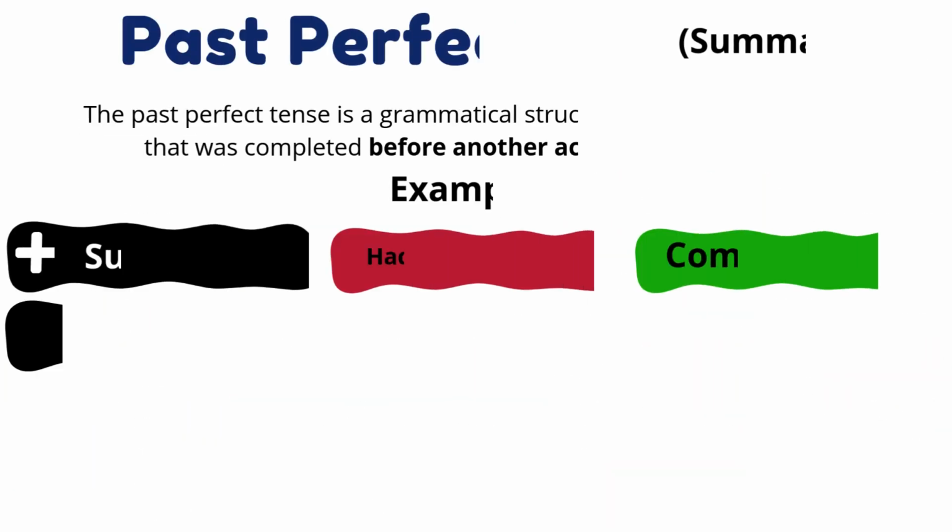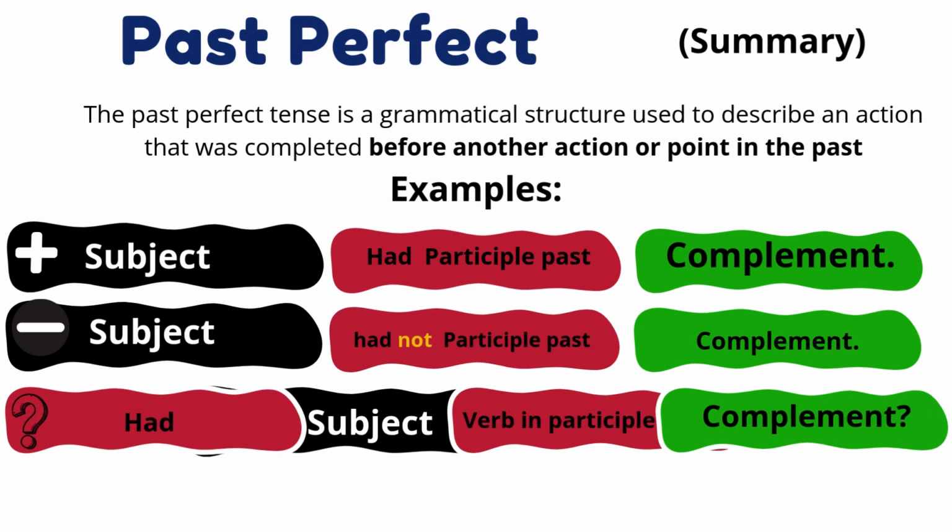Now, let's check a summary. Remember, the past perfect tense is a grammatical structure to describe an action that was completed before another action in the past. Affirmative form: you need subject, had, past participle, and complement.